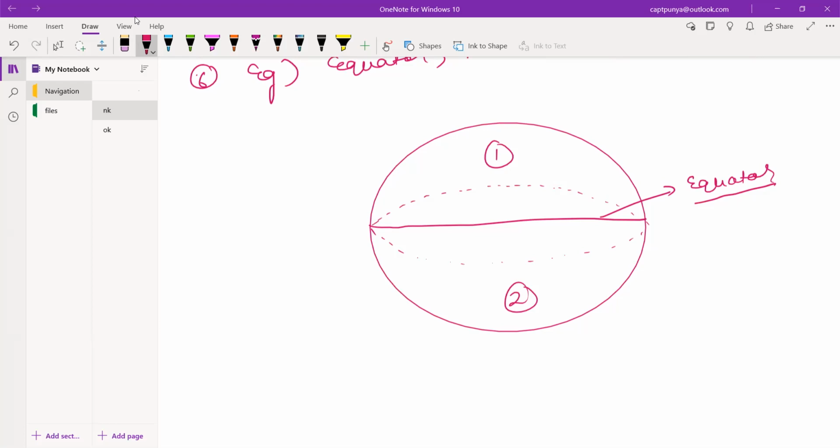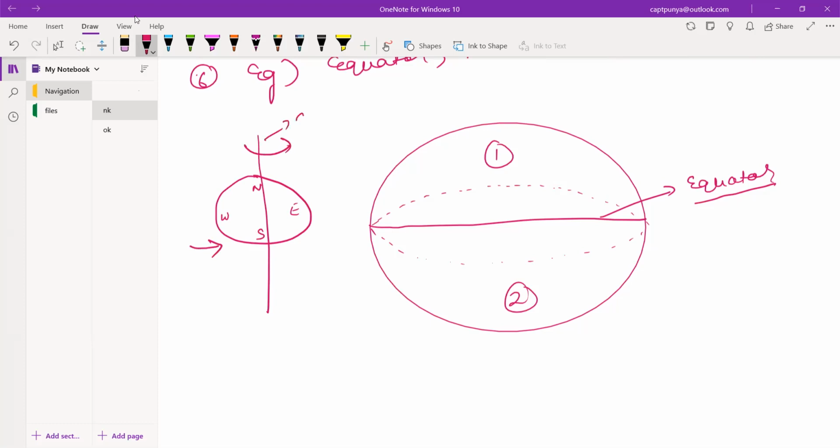So this is also given as a definition of the equator. Let me roughly draw it for you here. Suppose this is my earth, this is my north, this is my south, this is my west, and this is my east. Suppose, guys, this is my axis of rotation, and I have told you in my previous video that the earth rotates from west to east. So the equator is the plane which is at 90 degrees to your axis of rotation.